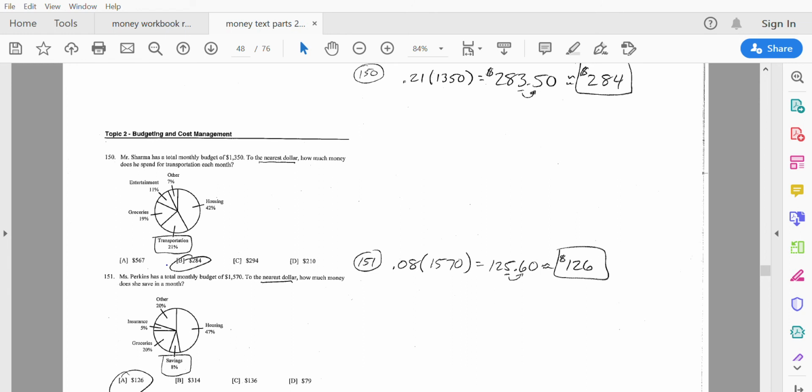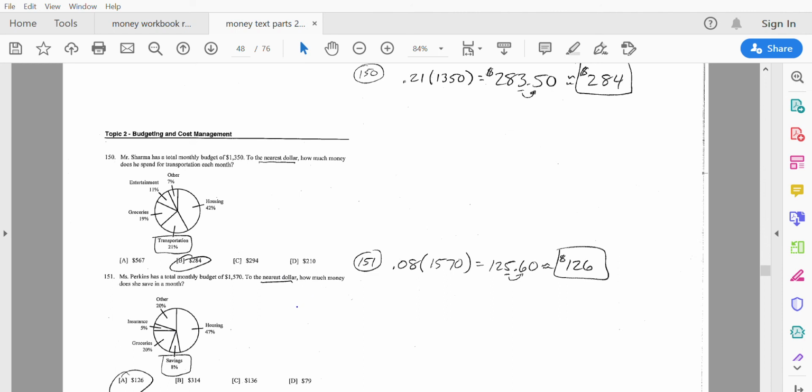151, same type thing. Monthly budget's 1,570. To the nearest dollar, how much does she save in each month? So you have to look at this. Savings would represent how much she saves. Okay, it says 8%. Remember, 8%.